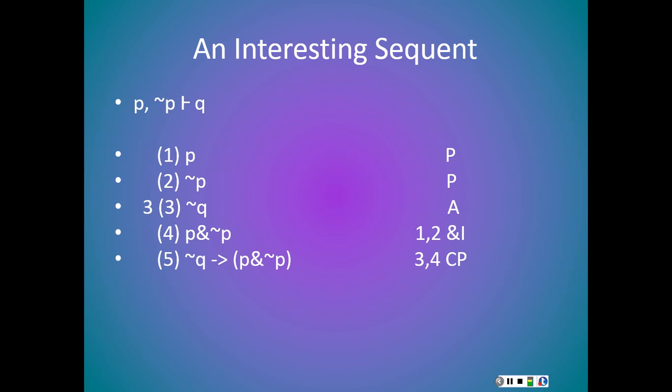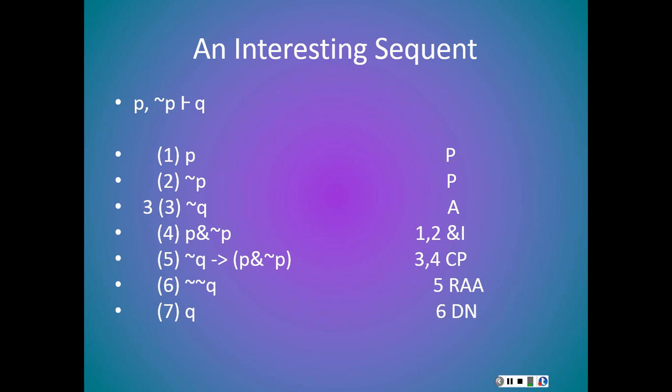So by the rule of reductio ad absurdum, I'm entitled to infer the negation of the antecedent of that conditional. So I get not Q on line 6, that being the negation of not Q. And now that I've got not Q, I can go ahead and apply the rule of double negation to achieve my goal of proving Q.